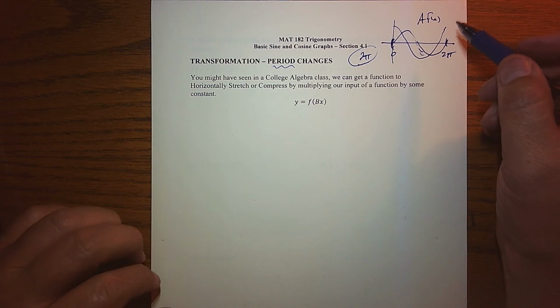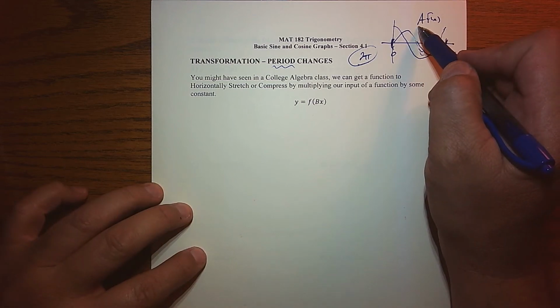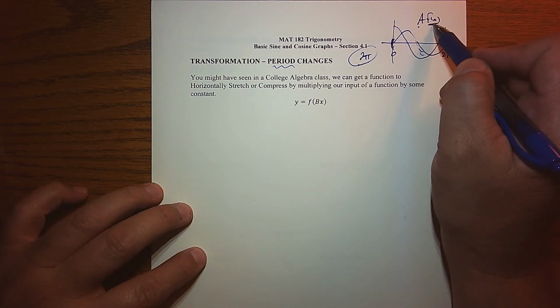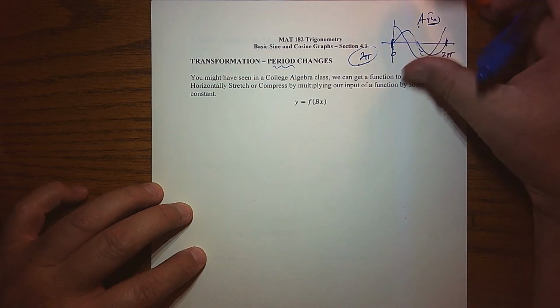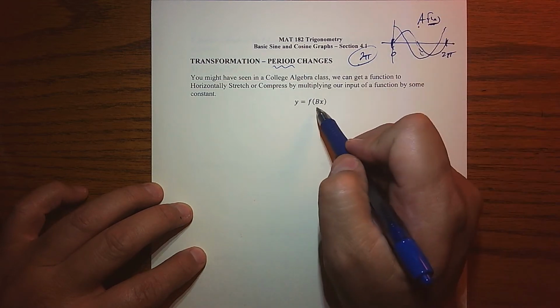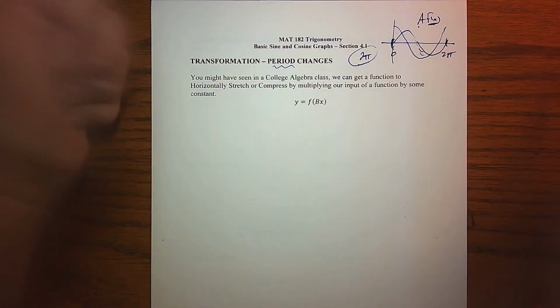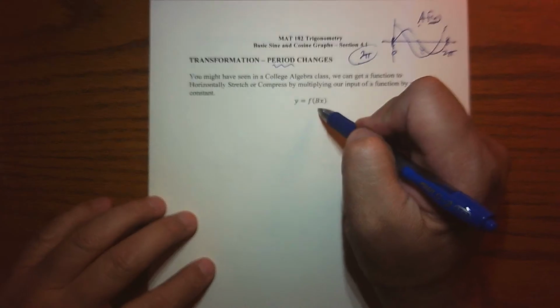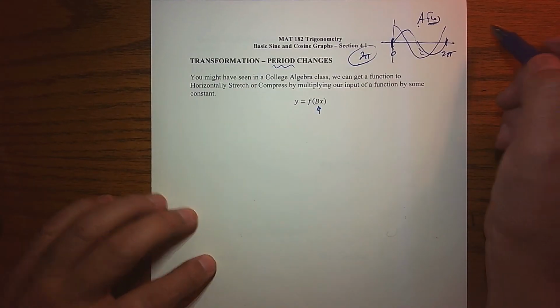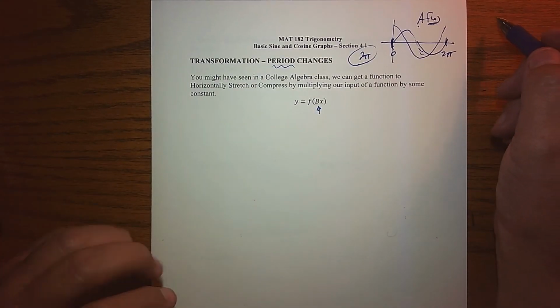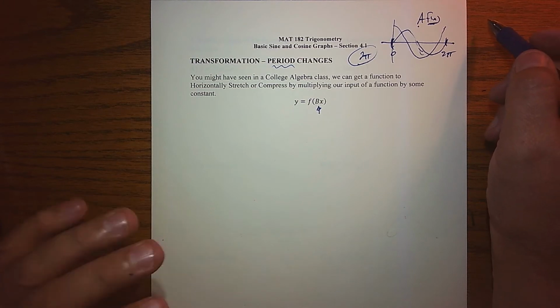If multiplying a constant to the output caused something to stretch and compress vertically, then it only makes sense that to get something to stretch or compress horizontally, we better be multiplying something to the x. And that's exactly the case. But it's kind of strange because look what's going to happen.